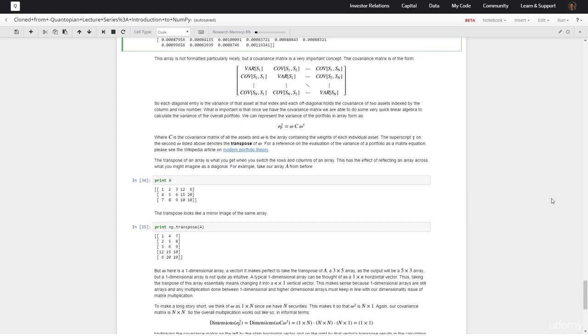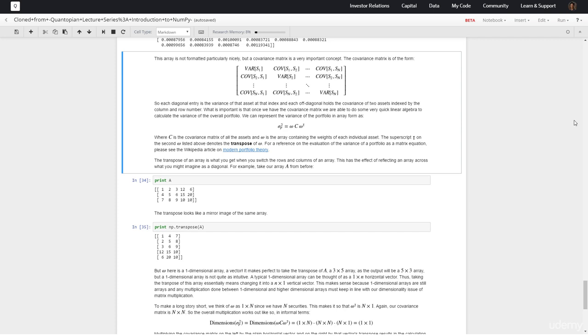The diagonal is really the variance of the individual asset itself. The rest are the covariance itself. So each diagonal entry is the variance of the asset at that index, and each off diagonal holds the covariance of two assets indexed by the column and row number.